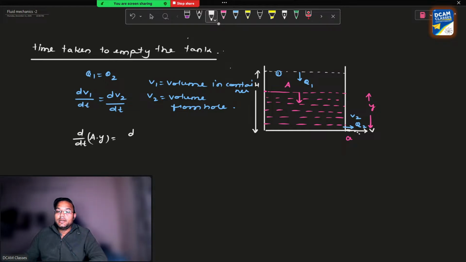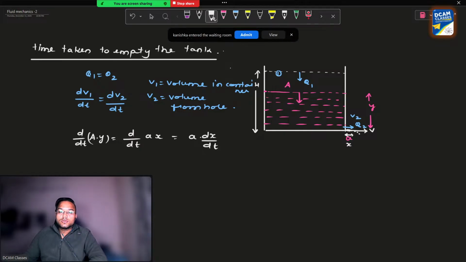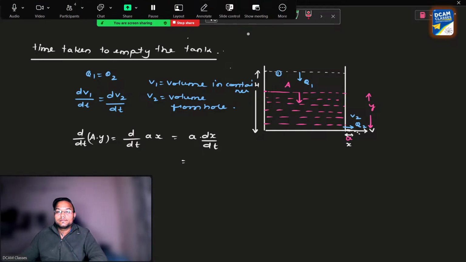And dV2 by dt is d by dt of a into x, taking this x, so d by dt of small a into dx by dt. So this will be equated with a into v.